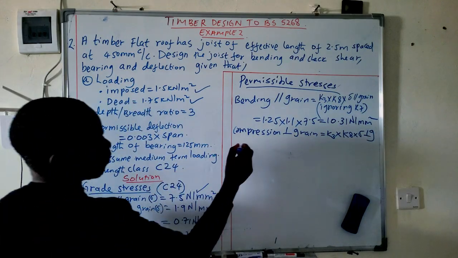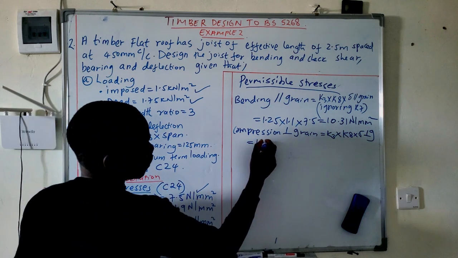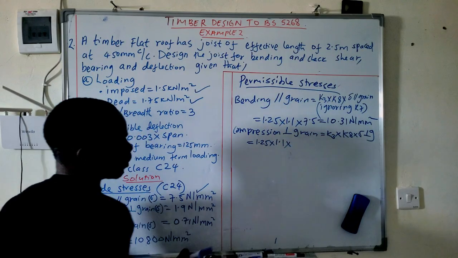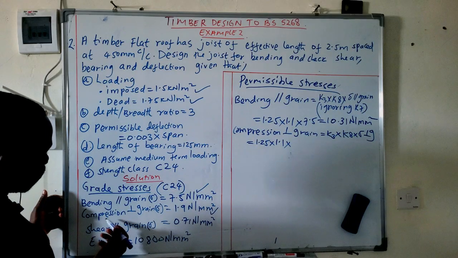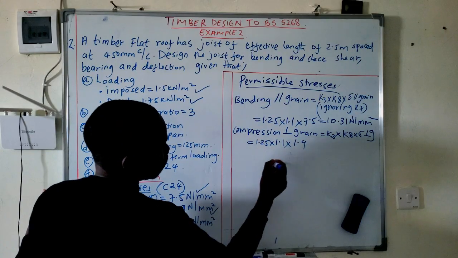So it will be K3 is 1.25 times K8 1.1 times 1.9, stress compression perpendicular to grain, 1.9.